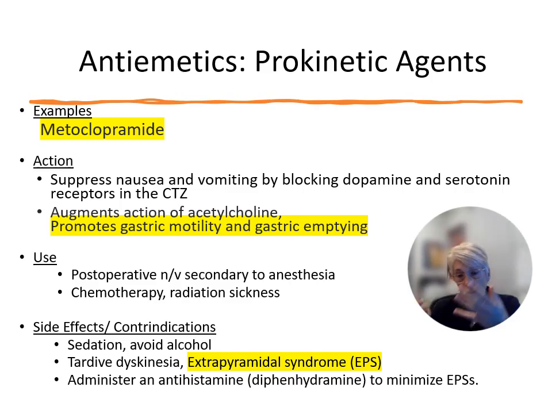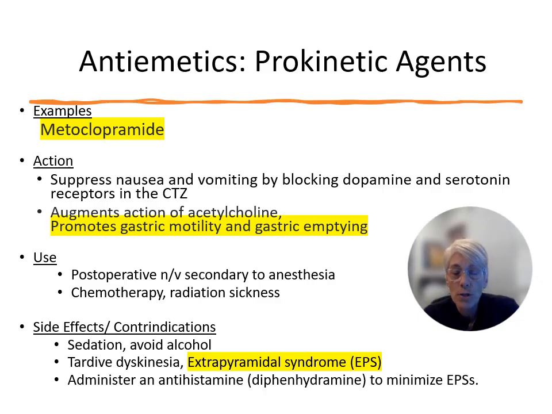So it helps to empty the stomach quicker. So if something that you ate was irritating your stomach, this would be a good one. We also use it for treatment of GERD, which we're going to talk about in a little while. But again, it speeds up that motility. It does help that stomach to empty. So again, this is good.